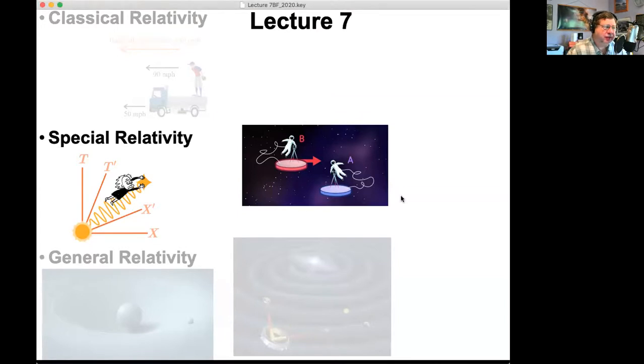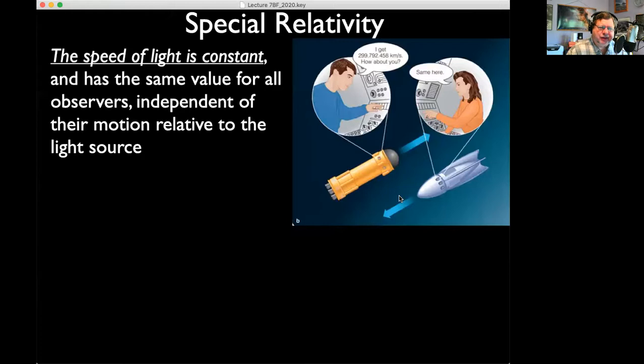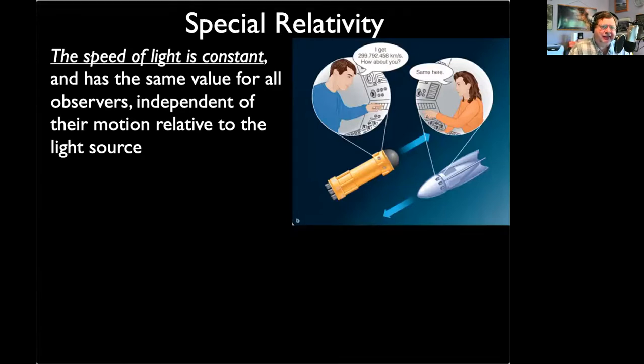Okay, so special relativity. The reason why I went over that so ponderously is because in special relativity, things are not relative. Things are absolute. And so the fact that they call it relativity is kind of weird. So in special relativity, the speed of light is constant, independent of the observer.